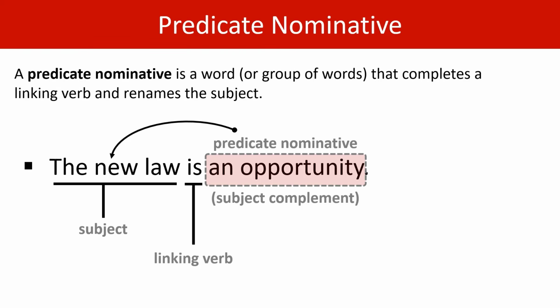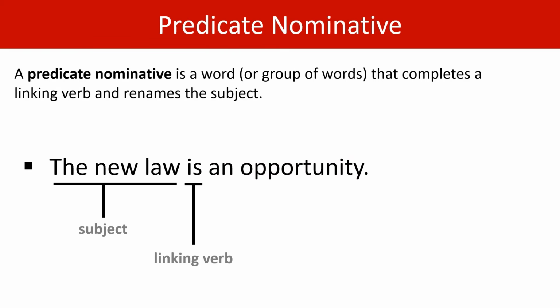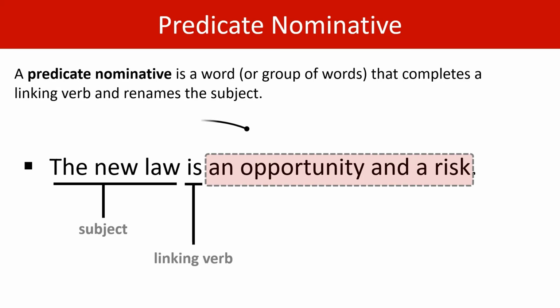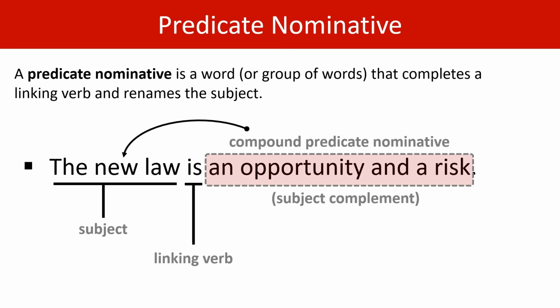Let's add a bit. The new law is an opportunity and a risk. Well, this is still a predicate nominative, and it still completes the linking verb to rename the subject. But this time there are two nouns, so this one is a compound predicate nominative. Keep an eye out for that term. And as we know, it's a type of subject complement.